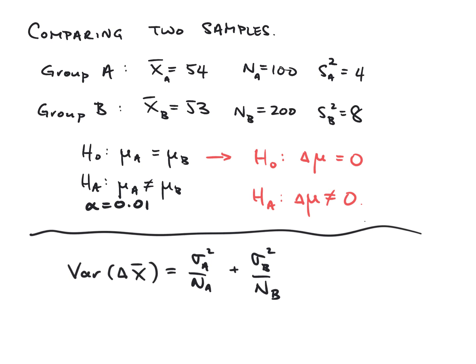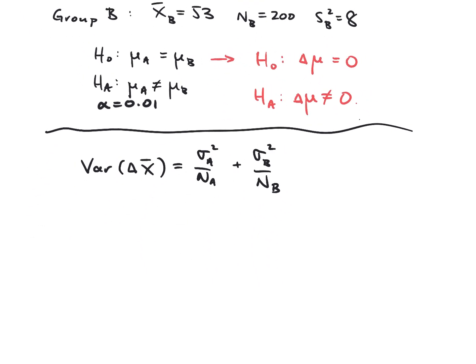So testing a hypothesis about the difference in X bars is like variance in one group over number of observations in the group plus variance in the second group over number of observations in the second group. So it's just the same term for both groups.